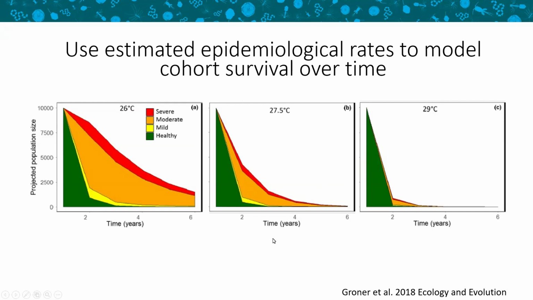And you can see the impact of temperature is incredibly dramatic. You're not going to get fish surviving to reproduce at 29 degrees Celsius. And even at 26, your population is going to be very diseased. And that really matches the observations that we had.